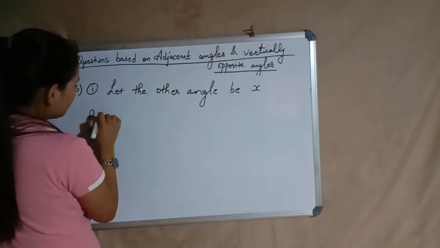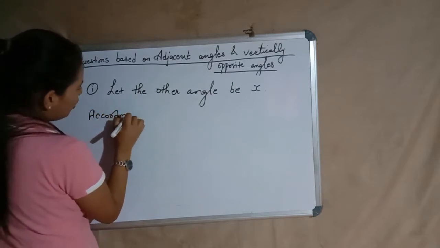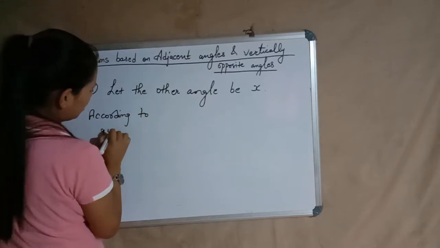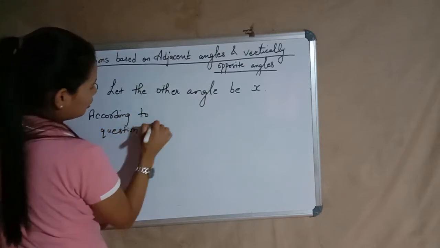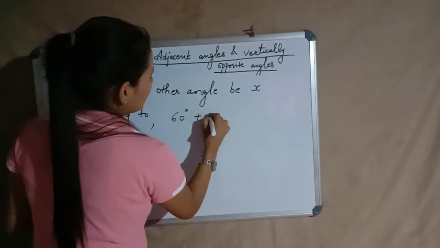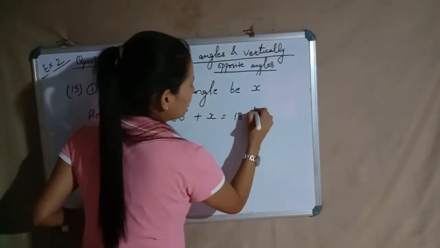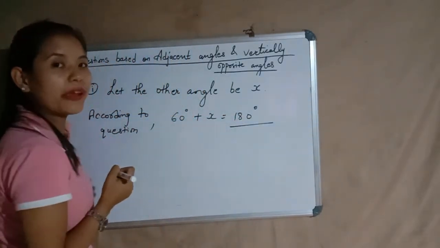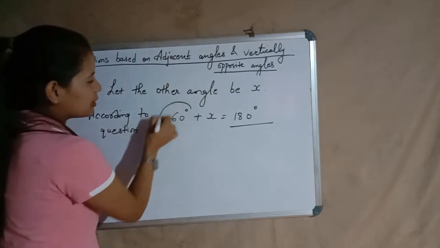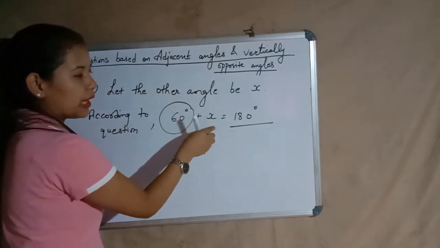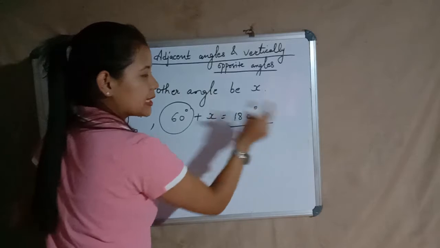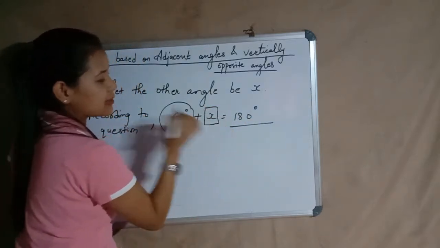Okay. So according to question, 60 degree plus x is equals to 180 degree because there is a word linear pair. Okay. So one angle is 60 degree, other angle we assumed it to be x. So its sum is equals to 180 degree. We need to find what is x. Okay.